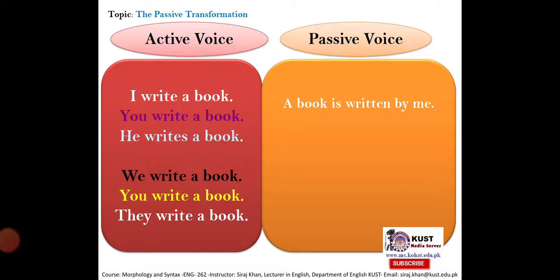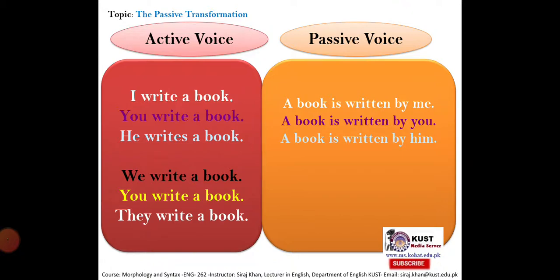By we use as a preposition before the object, which was the subject of the active voice sentence. You write a book. A book is written by you. A book becomes the subject in passive voice, followed by be form of verb, then third form of verb, by you.